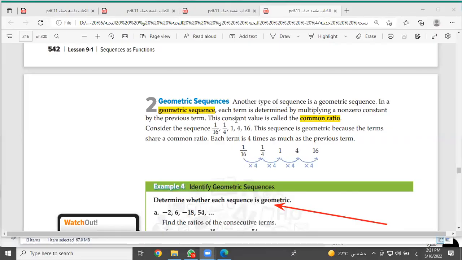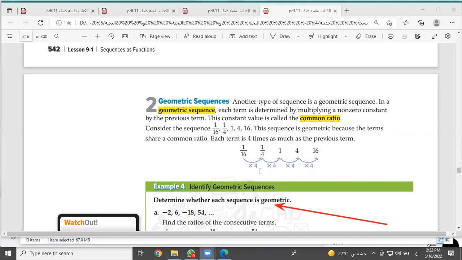Another, number 2, the geometric sequence. Geometric sequence, look. For example, 1 over 16, second, 1 over 4, thirdly, 1, fourthly, 4, fifthly, equals 16. The first term equals 1 over 16.